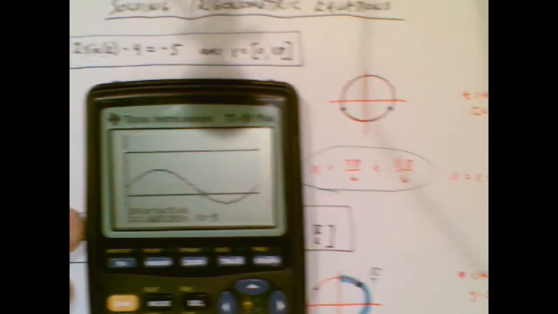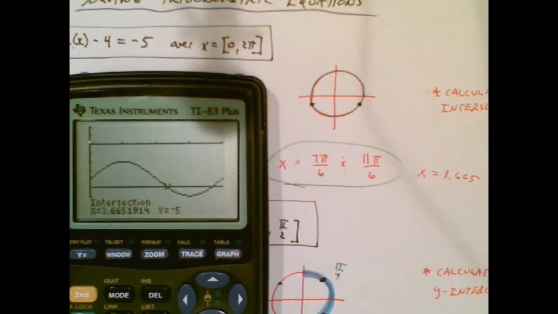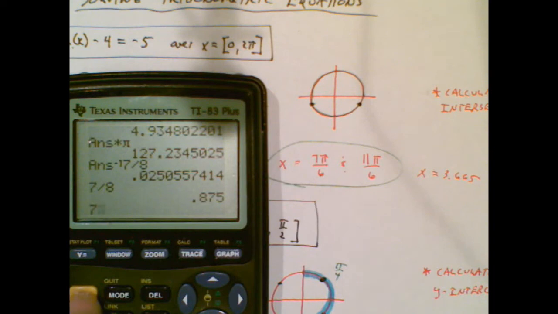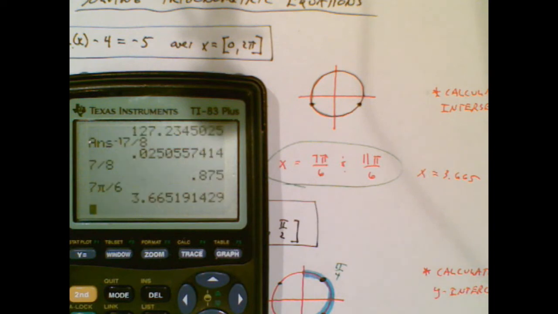And you probably can't see that, 3.665. And if I go ahead and find out what is 7 pi over 6, 7 pi divided by 6, 3.665. So you can see unit circle answer, calculator intersect answer.